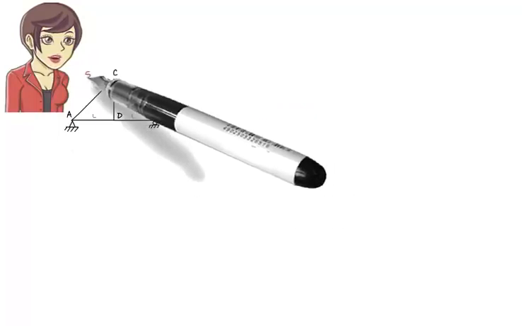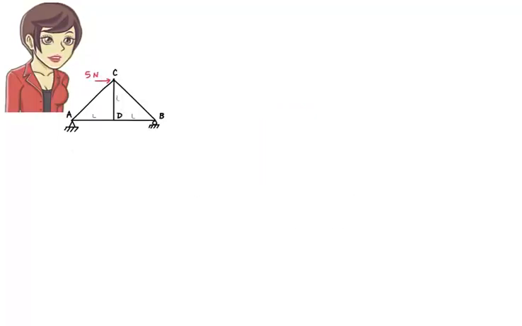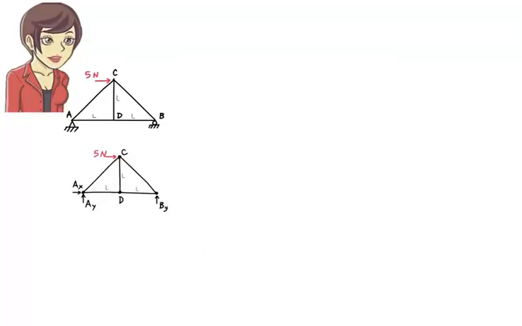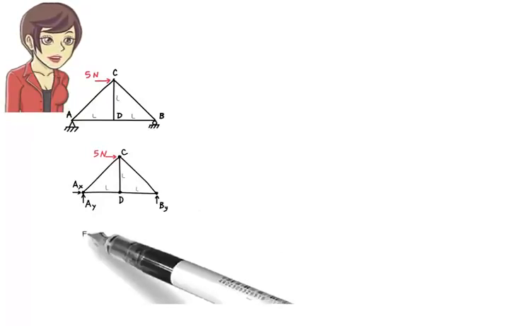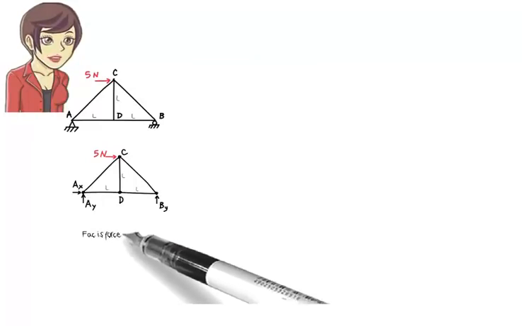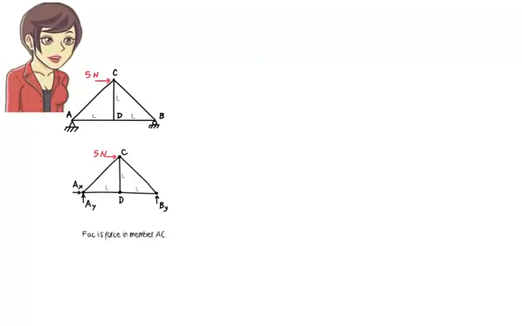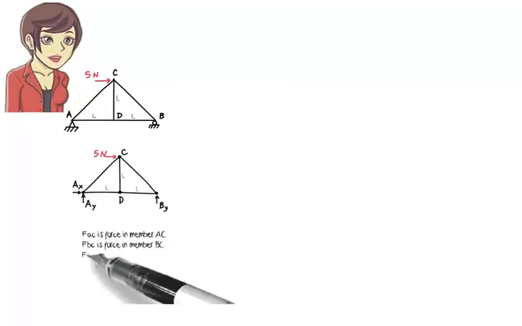Here is our simple truss. Let's draw the free body diagram of the entire structure. Keep in mind that each truss member carries an axial force only. Let's refer to the axial force in member AC as FAC. Similarly, let's call the force in member BC FBC.